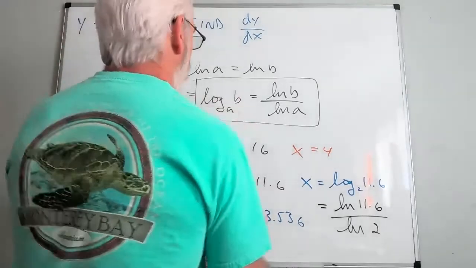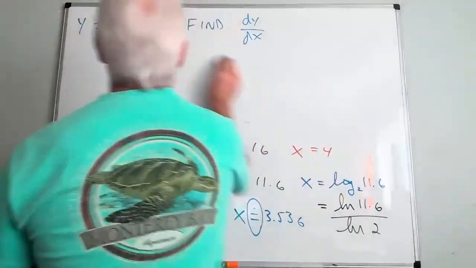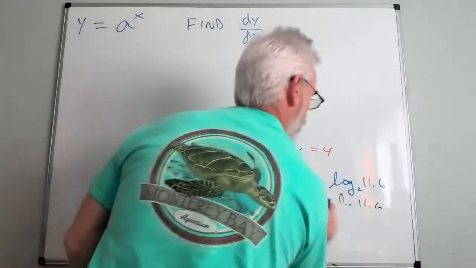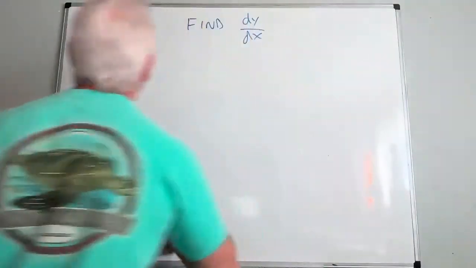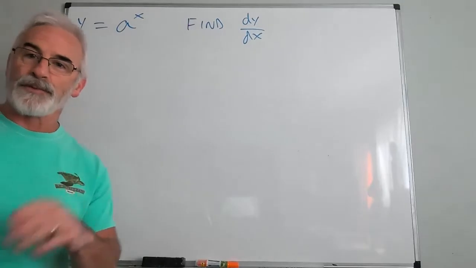Well, I'm going to use facts that I now know because of the logarithms. Okay, so let me erase some of this stuff. Now, how do I mess with this? Well, here's a really, really cool log and exponential property.